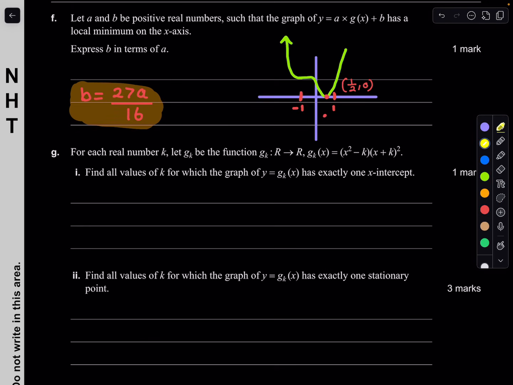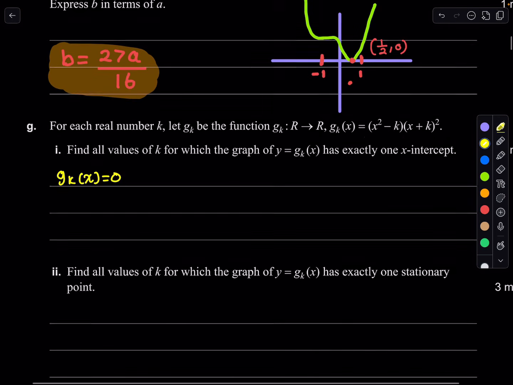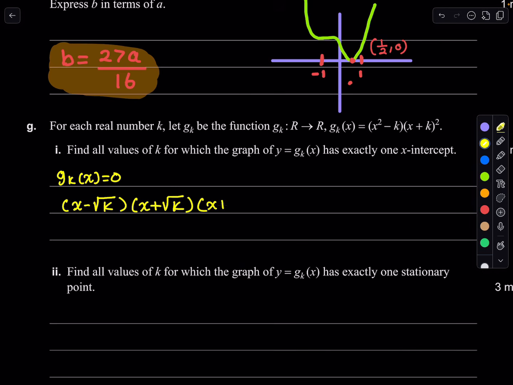So to find the x-intercept of a function, we of course let g_k of x be equal to 0. Isn't that correct? And we solve it, don't we? So imagine doing that here. Of course you can see a difference of squares. So imagine factorizing it: x minus root k, x plus root k, x plus k all squared equals 0.